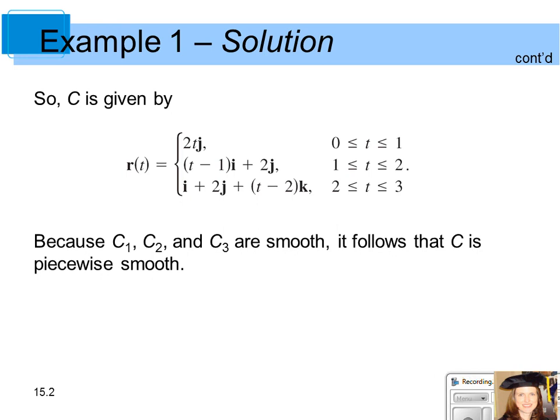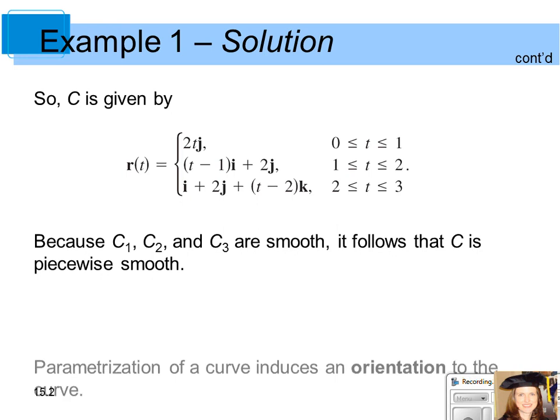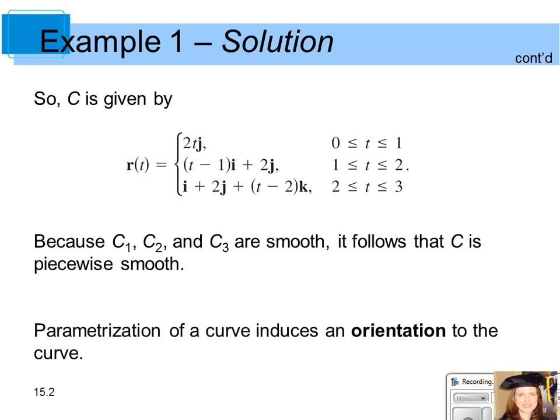Now because each of those paths, C1, C2, and C3 are smooth, we say that the entire path from the start to the finish is a piecewise smooth parametrization. And the parametrization of a curve induces an orientation to the curve. So if you look back at the picture, you'll see that the arrows indicate the orientation.